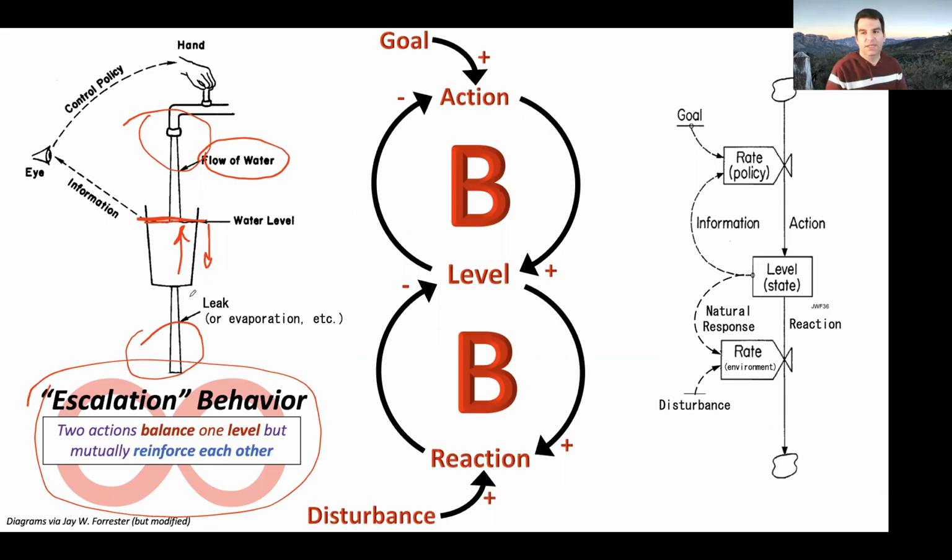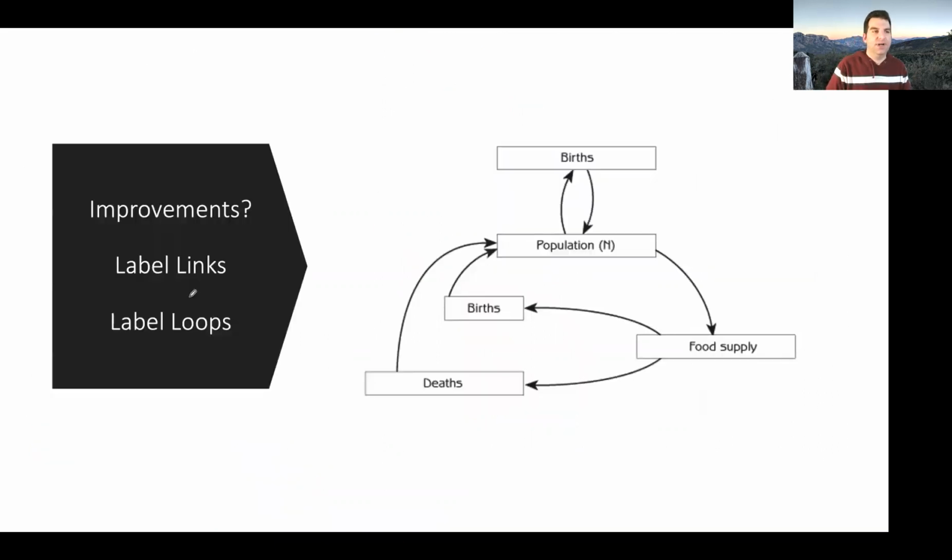All right. So I'm going to leave as an exercise for you this example that I'll let you do on your own time here. But this is a population example where someone has attempted to create a causal loop diagram, and I want you to think about how to properly fill in this diagram, but also think about what improvements could be made.